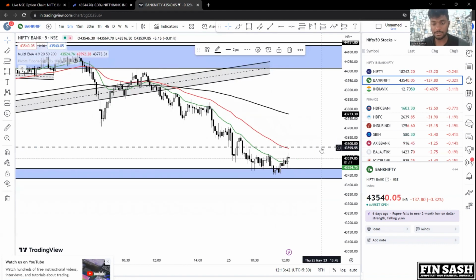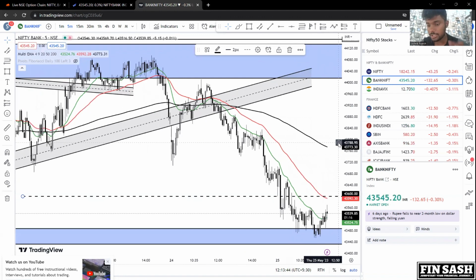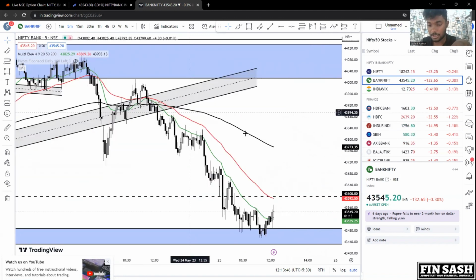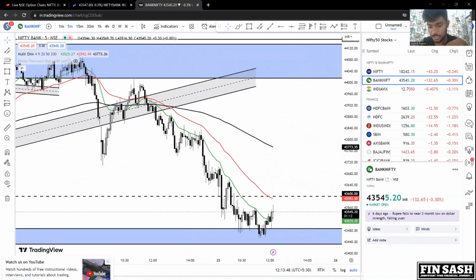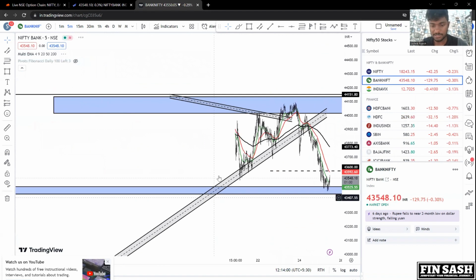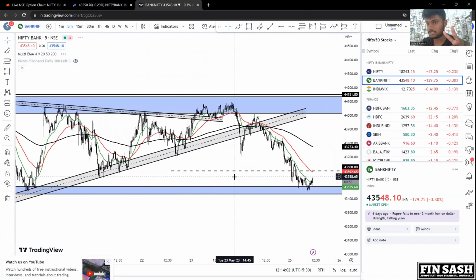Just a quick thing. How did I maintain my calm and not exit the position when I saw these kinds of candles here? If you guys see, India VIX is 3% up, which is a bullish sign for the market. And we're also at an important support here. That's the second point.